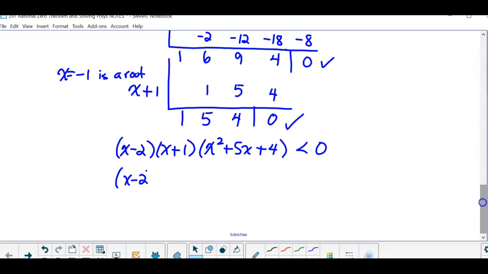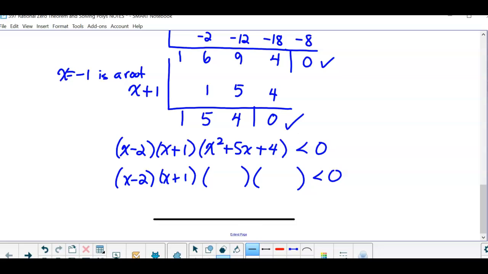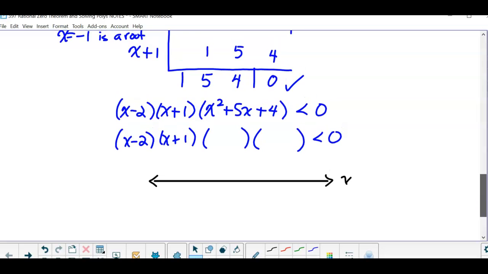So then factor this trinomial. Okay, so that factors to x plus 4 times x plus 1.